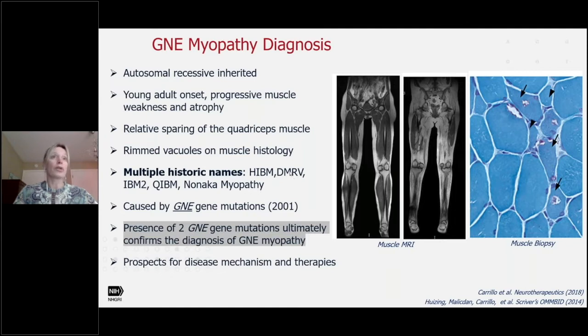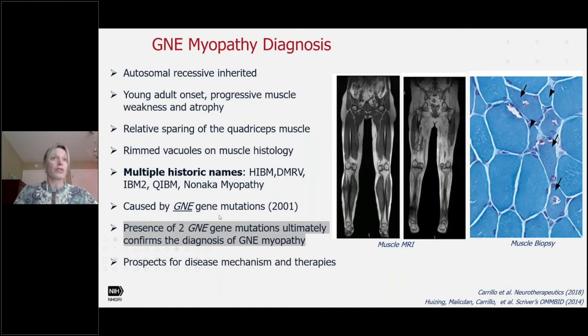In 2014, we wrote a manuscript together with all GNE myopathy research groups in the world and renamed the disorder to the umbrella name GNE myopathy, and it is pretty well established now, the name GNE myopathy for this disease.